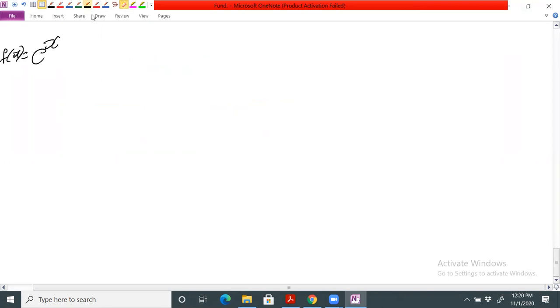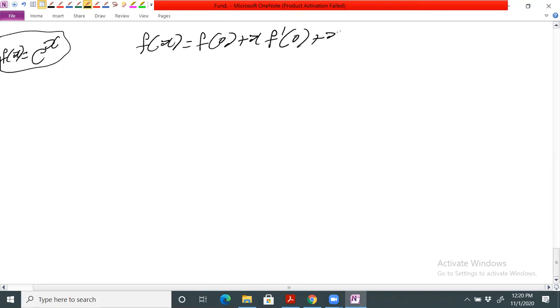Okay, now what is the Maclaurin series expansion? f of x equals f of 0 plus x into f dash of 0 plus x square by factorial 2 into f double dash of 0 plus x cube by factorial 3 into f triple dash of 0 plus and so on.